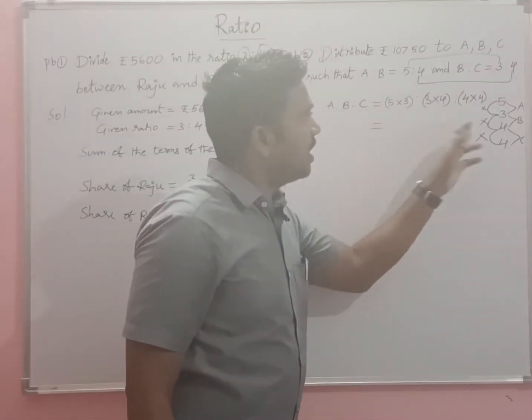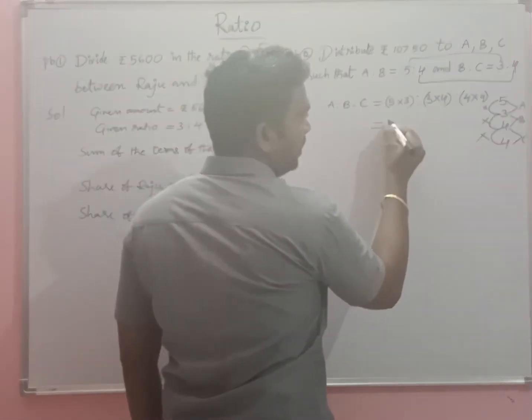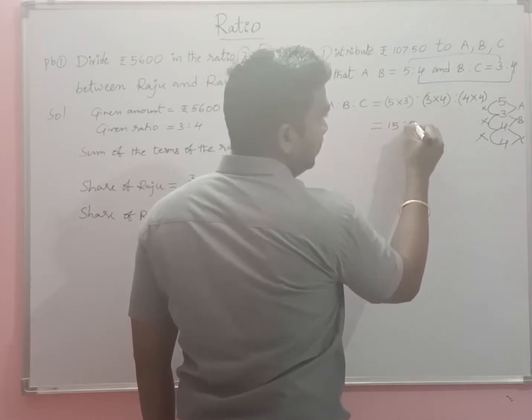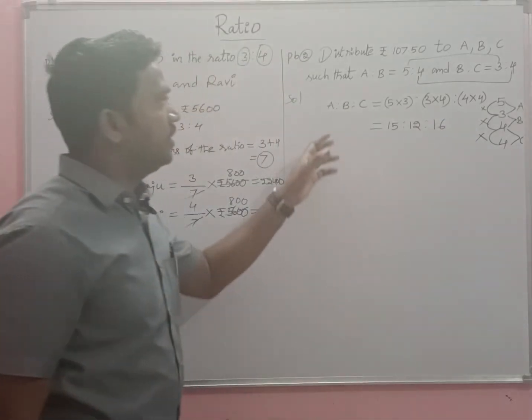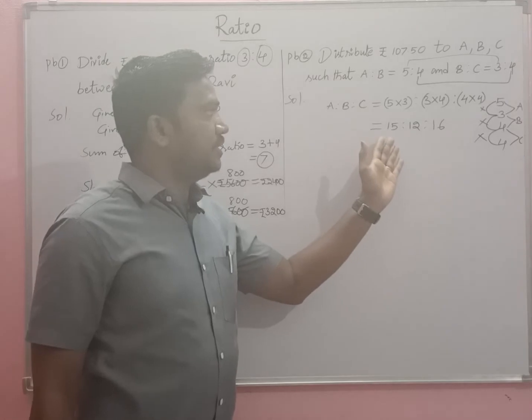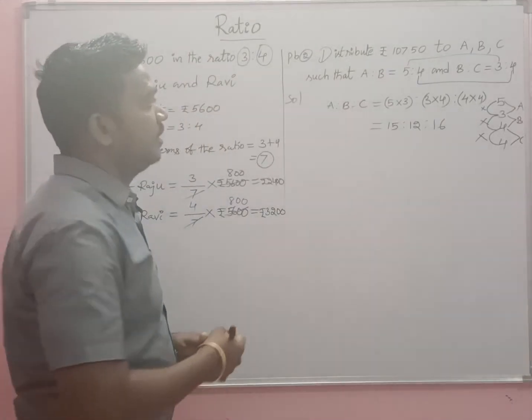So there is no common factor among these three numbers. So 5 3s are 15, 3 4s are 12, 4 4s are 16. So the ratio of A is to B is to C is equal to 15 is to 12 is to 16.